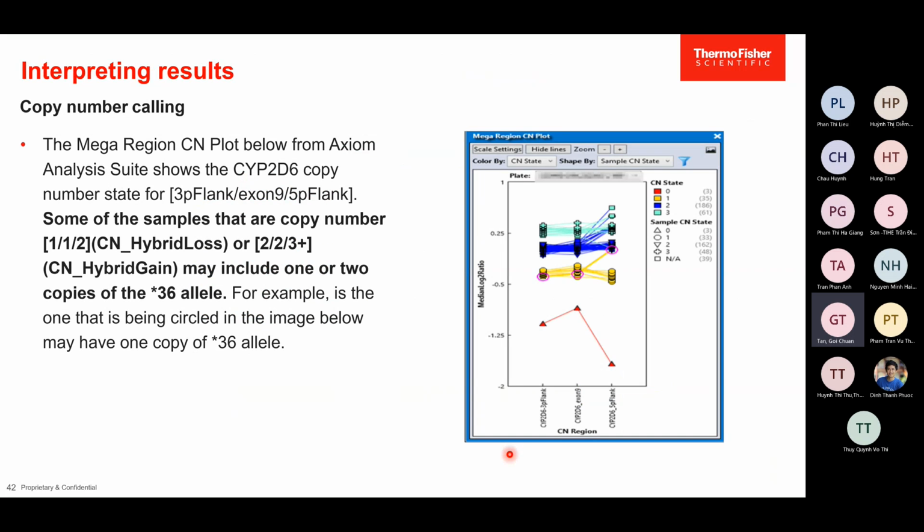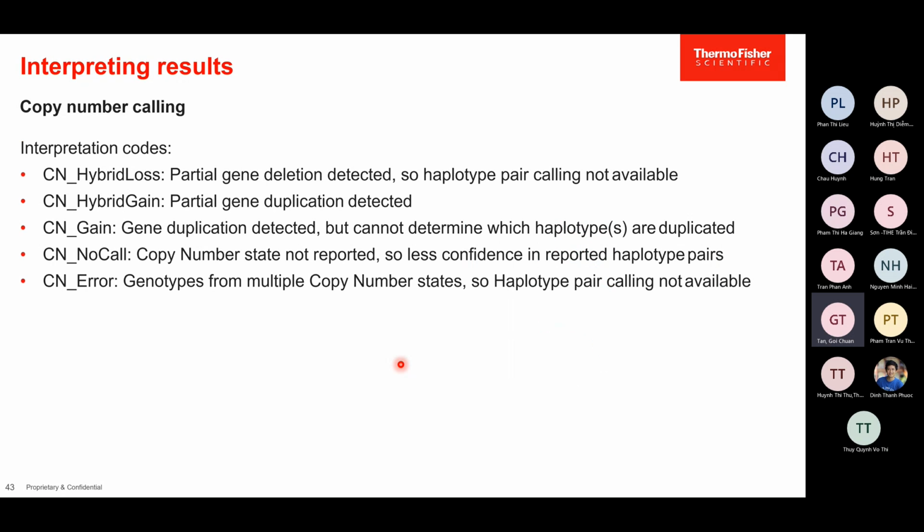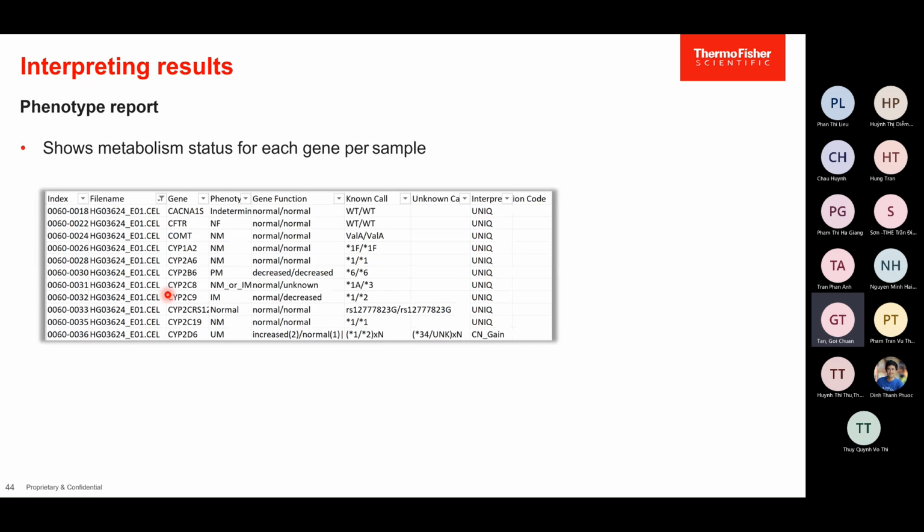Then it is very possible that this sample has the presence of STAR36-10. You can see this is an example: the 5' flank is blue, copy number 3, and exon 9 is copy number 2. The status is copy number hybrid gain, and the presence of STAR10. And this is just a definition that we went through.